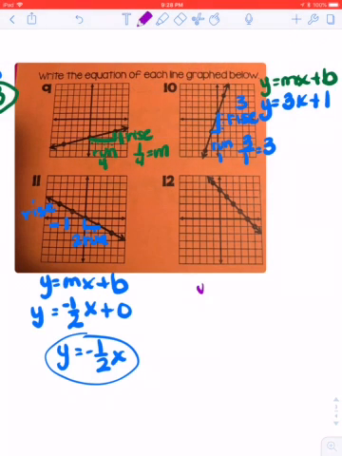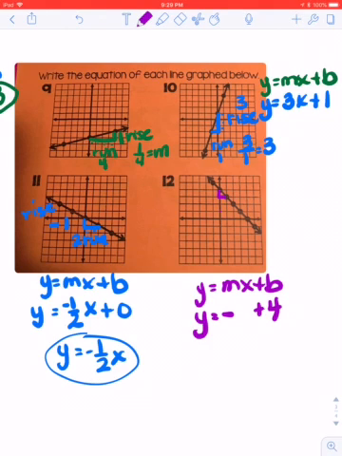Okay, next one. Now, if I were looking at this problem, I can tell right here that's my B value. So 1, 2, 3, 4 up. So I know that's going to be +4. I know this slope is going to be negative when I get done because it's downhill.